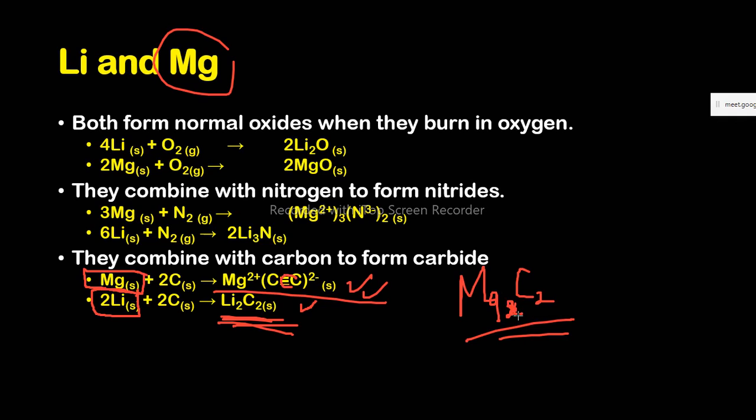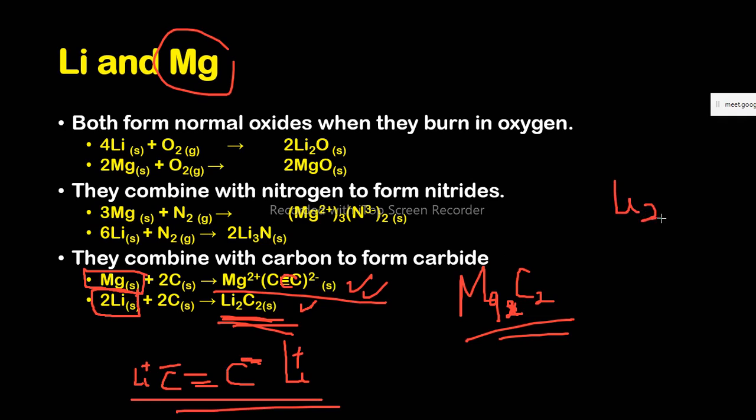I was just trying to stretch the bond to show you a carbide. For example, for lithium carbide, you have a minus here, and then lithium, and a minus here, and then lithium. That is what I was trying to show you, but it's okay. You can write lithium carbide.